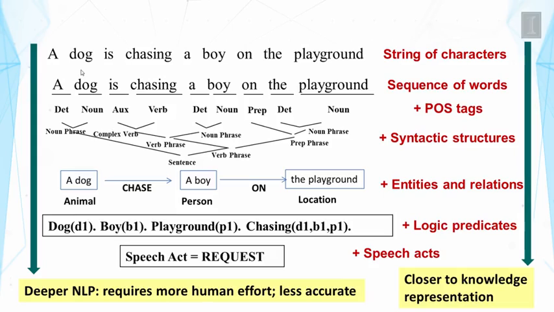On the right side, you see the arrow points down to indicate that as we go down, our representation of text is closer to knowledge representation in our mind and need for solving a lot of problems. Now, this is desirable because as we can represent text at the level of knowledge, we can easily extract the knowledge.